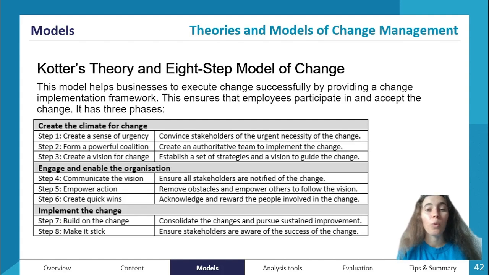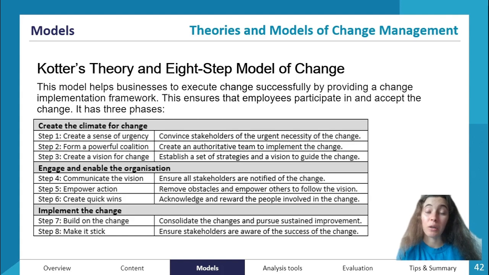So first of all, we have step 1, creating a sense of urgency. You need to show stakeholders why the change is necessary and why it needs to happen now. Then it's about forming that powerful coalition. So a coalition here is just meaning a team of people who are behind the change, who have authority in the organization and are going to help make that change happen.